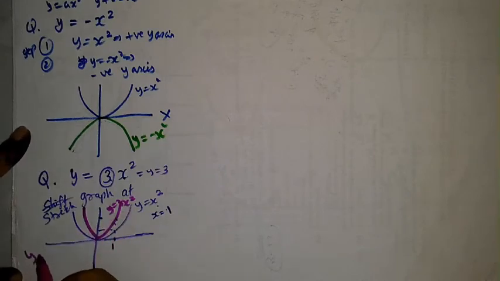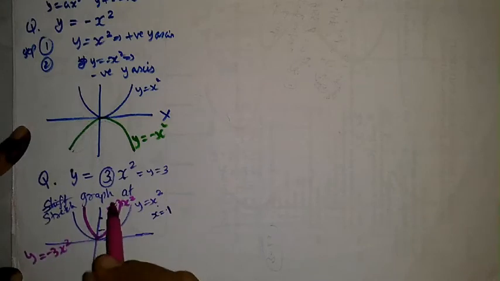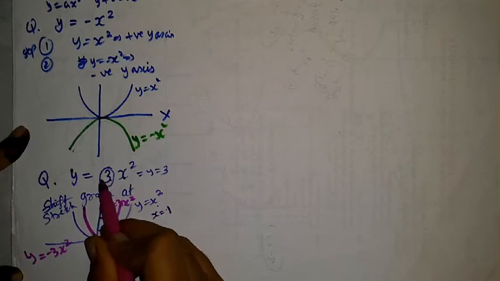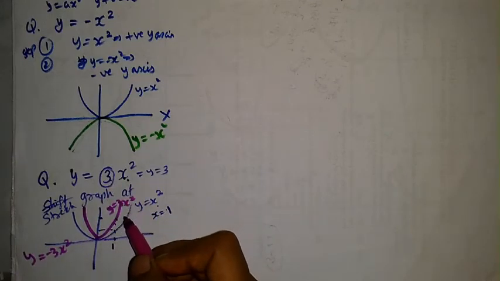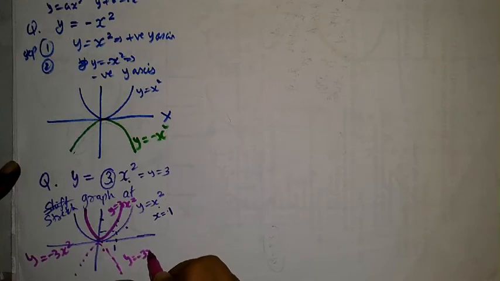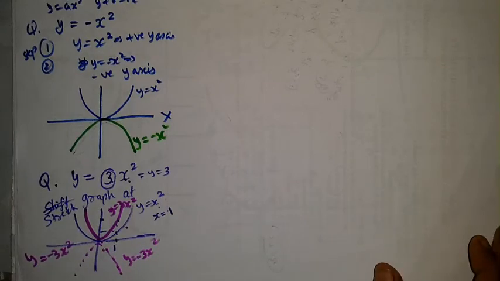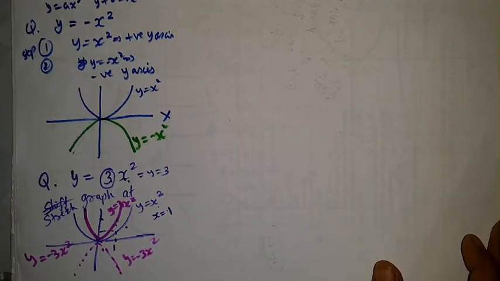If it is asked y is equal to minus 3x square, first draw y is equal to x square, second step draw y is equal to 3x square, and third step take the mirror image on the x axis. So this will be y is equal to minus 3x square. In this way you can draw the graph of y is equal to minus 3x square.